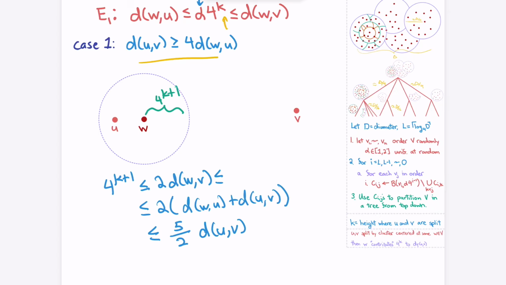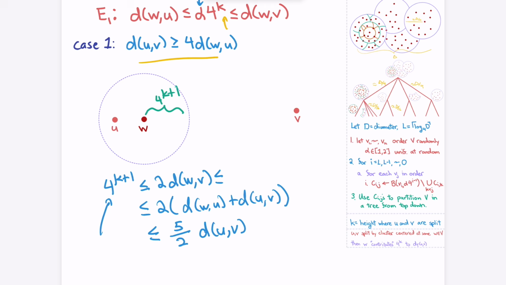And you're worried about it being way too big compared to dUV. But what you just showed is that if it's separating, the contribution is at most dUV. Okay. So good. That makes sense.